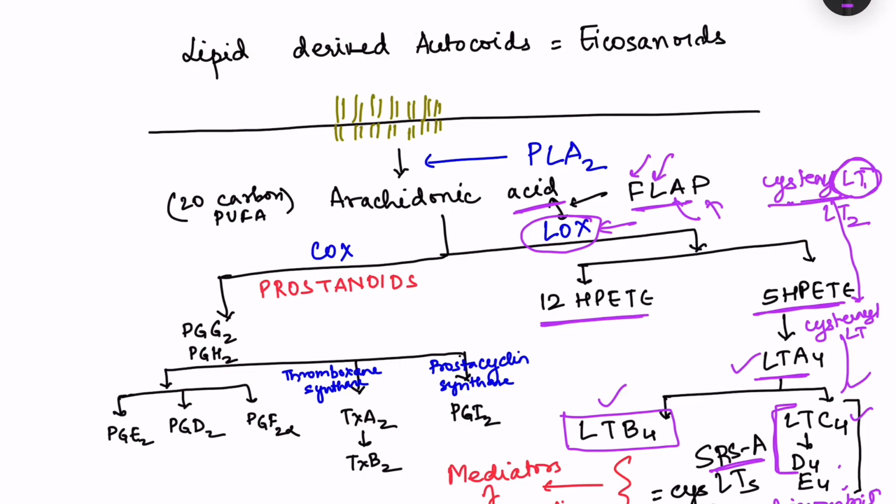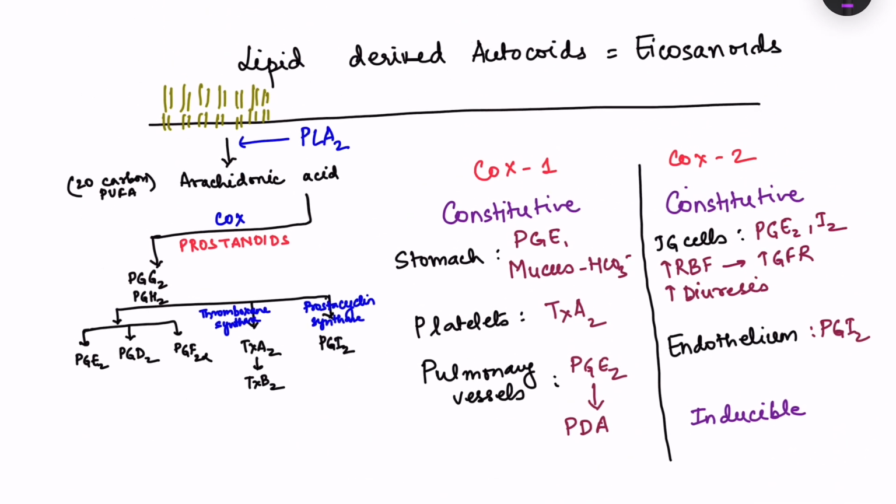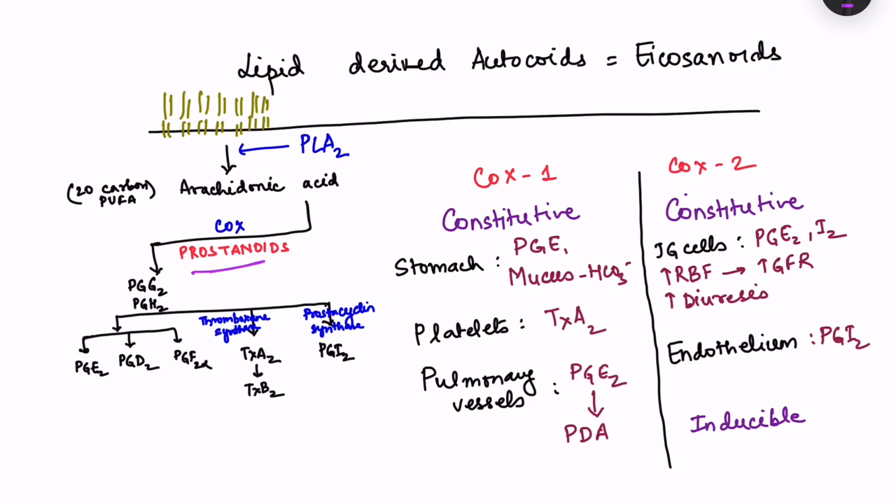So moving on to our fundamentals on prostanoids: what are the actions of the prostanoids, how do they act, and what are the analogues which are used in therapeutics. I told you that prostanoids are produced by the action of the cyclooxygenase enzyme on arachidonic acid. But this cyclooxygenase enzyme itself is of two types, that is cyclooxygenase 1 and cyclooxygenase 2.